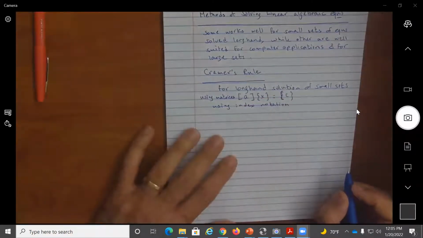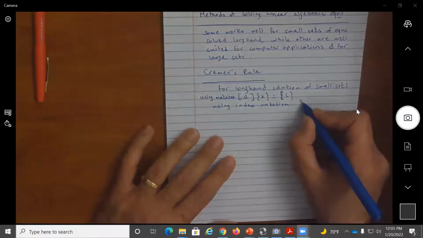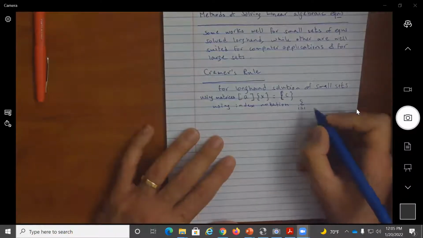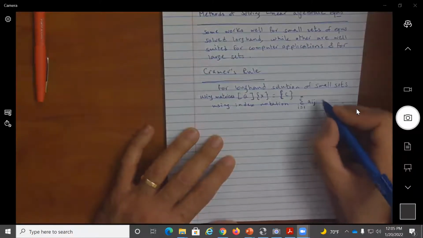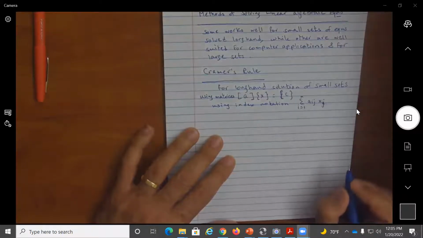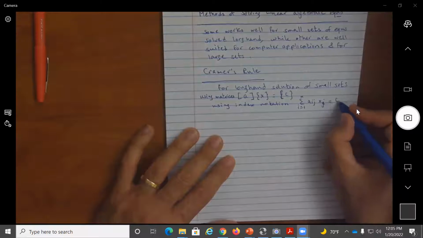Using index notation, I can write it as the sum from i equal 1 to n of Aij multiplied by Xj is equal to C.